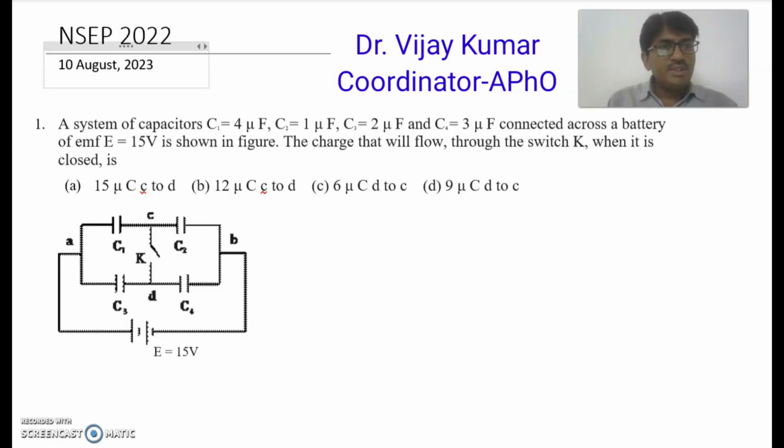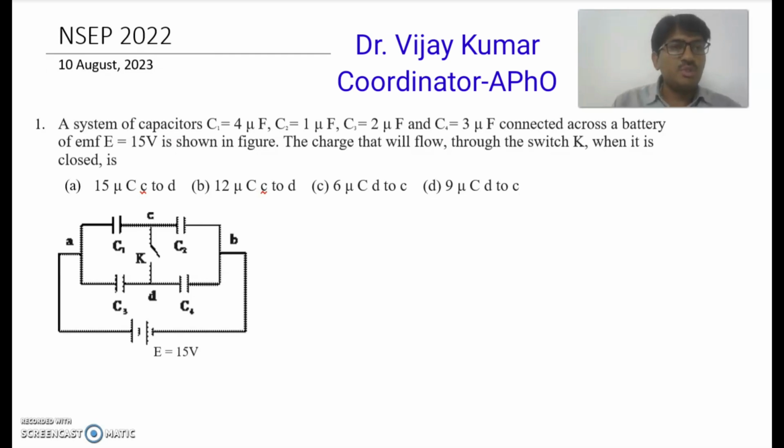Dear students, in this video I will solve a capacitor problem from the National Standard Examination in Physics 2022. Before starting, I will explain the capacitor concepts this problem depends upon.